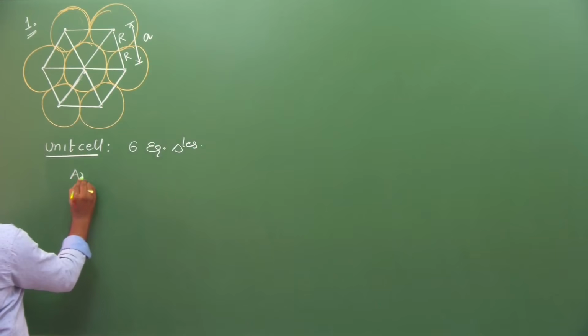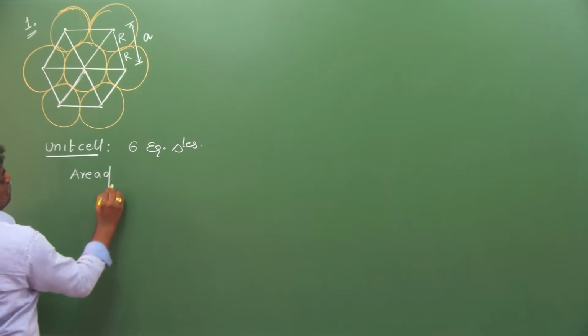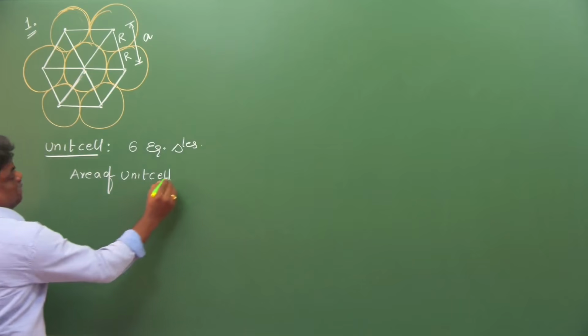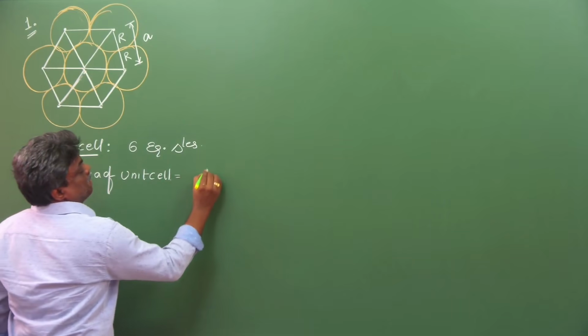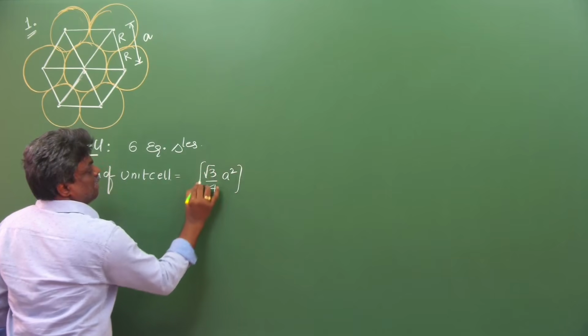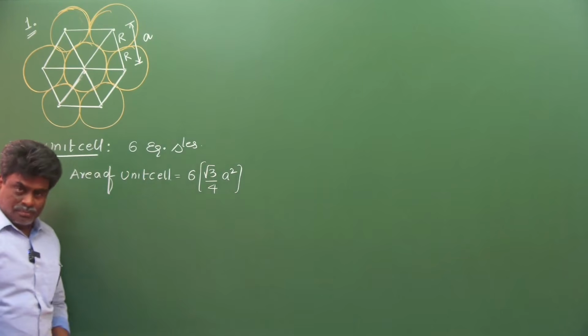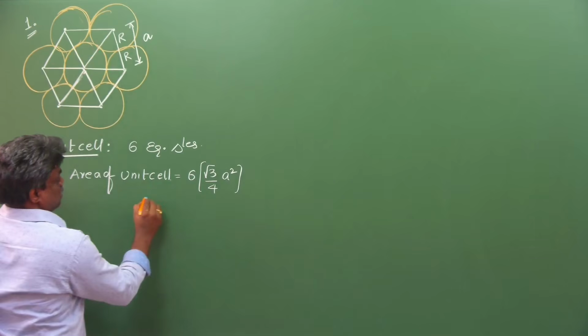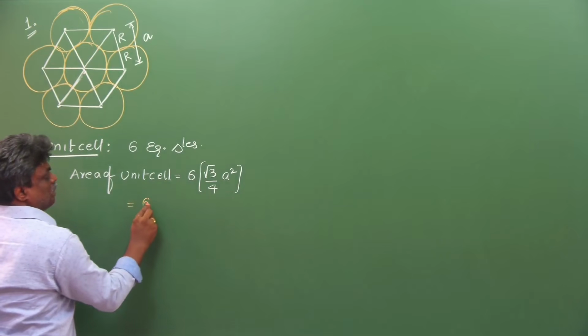Now let me find the area of the unit cell. It's an equilateral triangle, so its area is root 3 by 4 a square. Like this, how many are there? Now a equals how much? Very simple, no need to get tension.